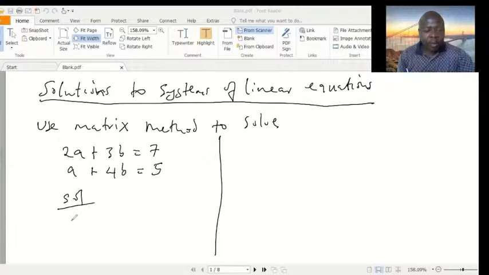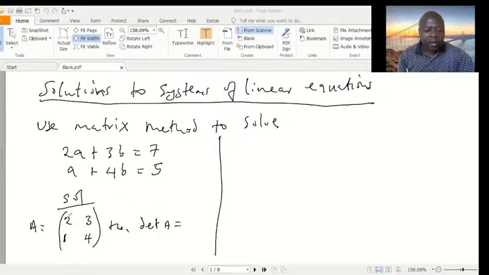In the first equation, the coefficient of a is 2 and the coefficient of b is 3. In the second equation, the coefficient of a is 1 and the coefficient of b is 4. Let me call this matrix A. Then find the determinant of A.